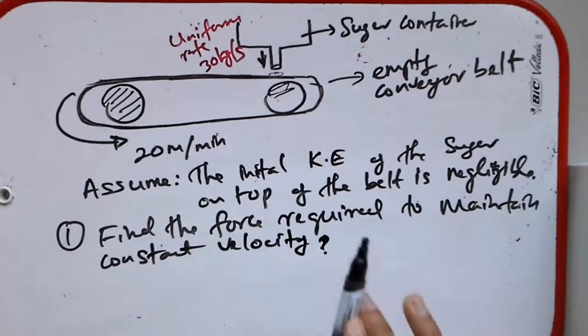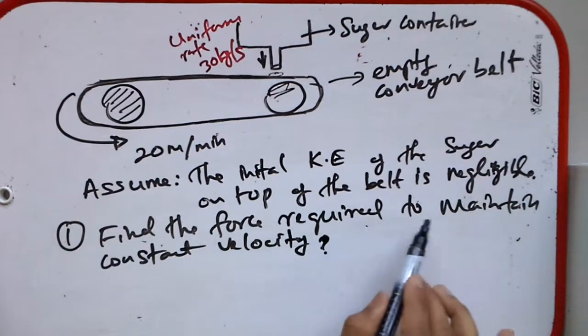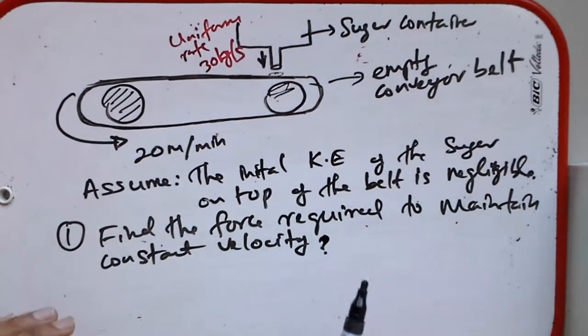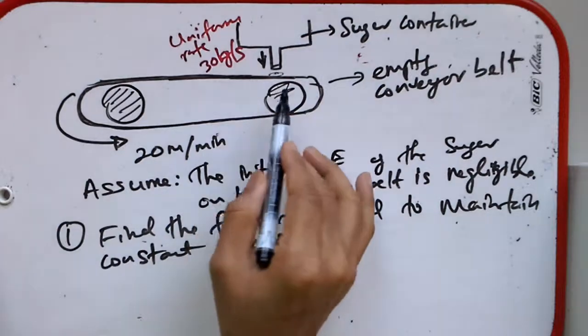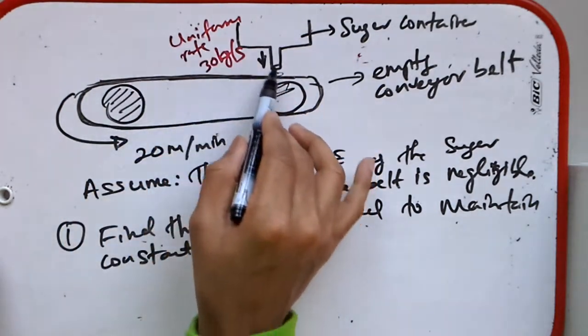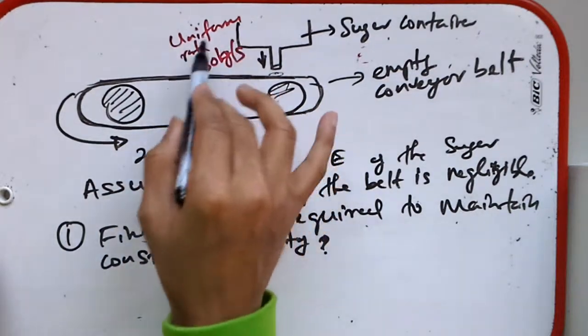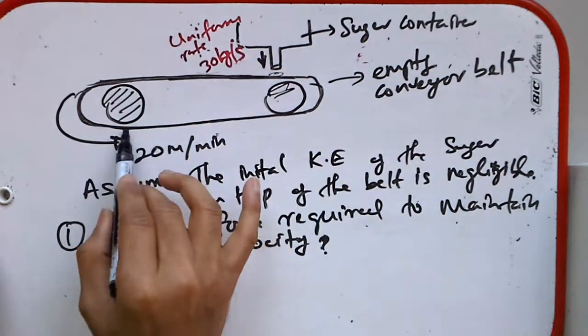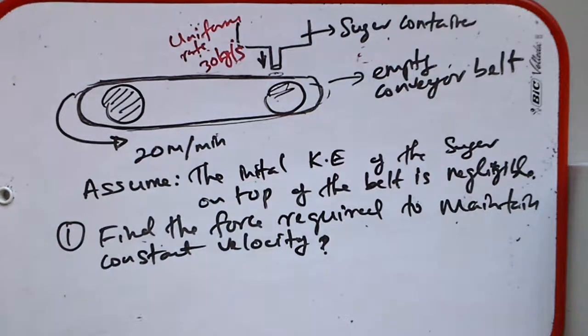Find the force required to maintain the constant velocity of the belt. So you have to make sure your belt, even after you drop this sugar at this rate, maintains the constant velocity. So how do you find it?